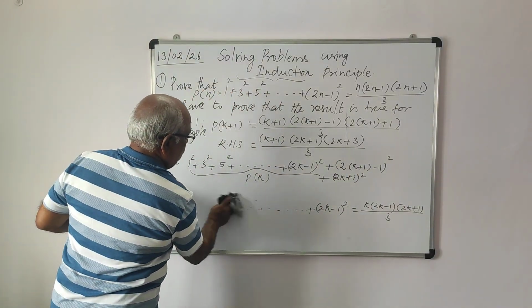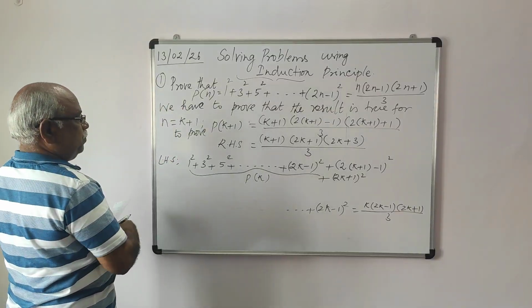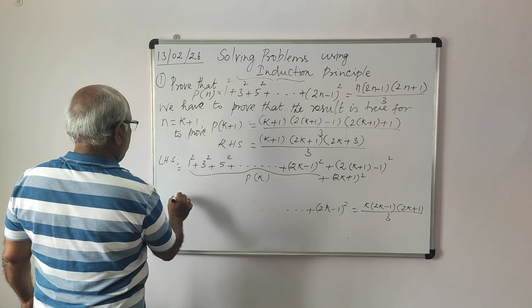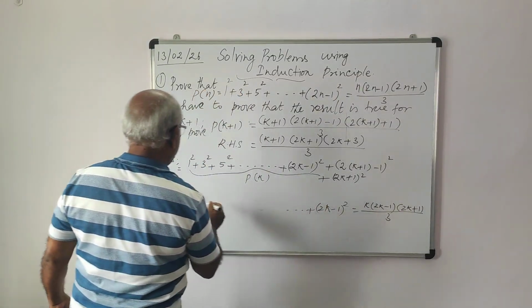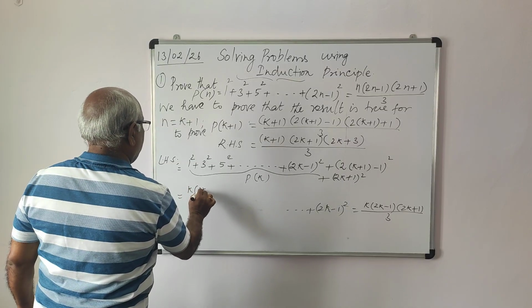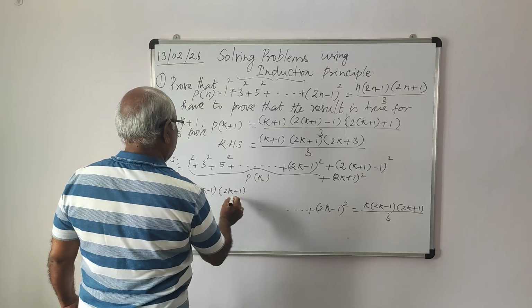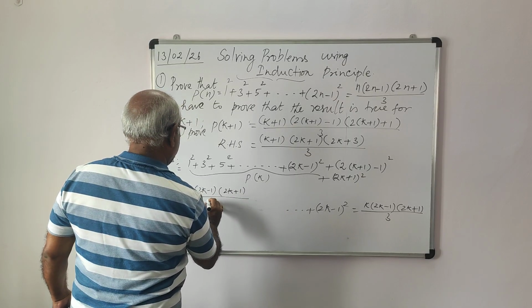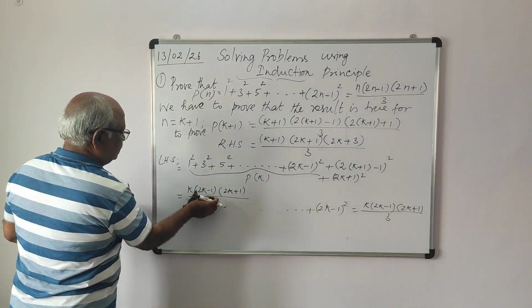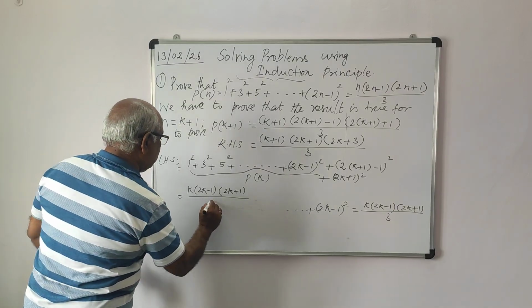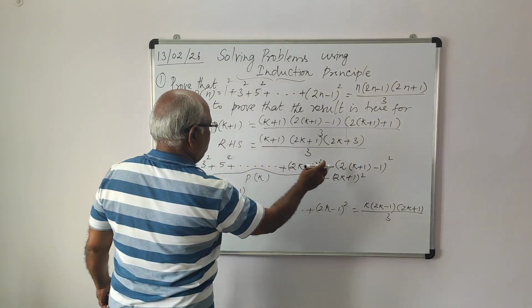We will see, up to P of k, what is the result? You know, this is P of k: k into (2k minus 1) into (2k plus 1) by 3. Up to this, you get P of k.